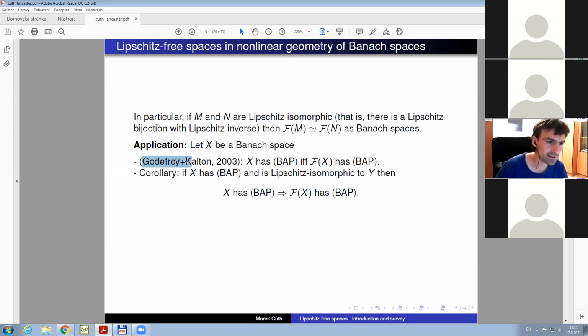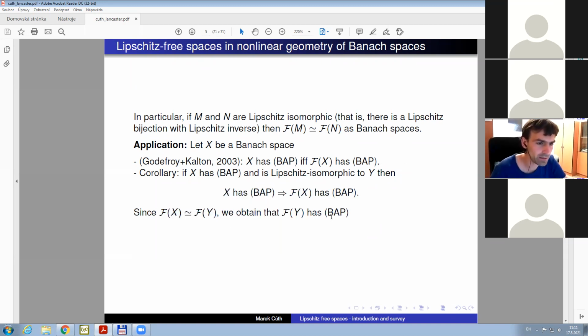We are applying this result by Godefroy and Kalton here. Now, since X and Y are Lipschitz isomorphic, F(X) and F(Y) are linearly isomorphic. So we obtain that F(Y) has BAP. And then applying the result of Godefroy and Kalton once more, we conclude that Y has BAP.